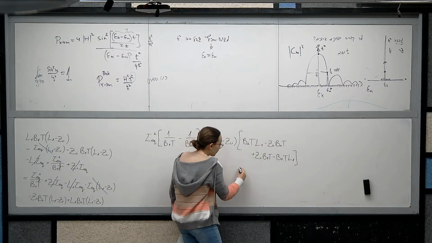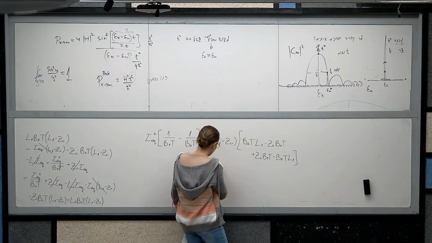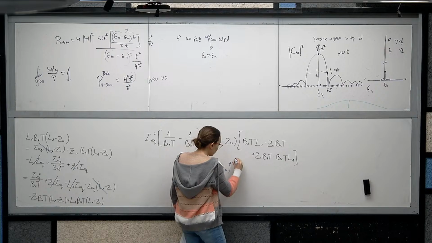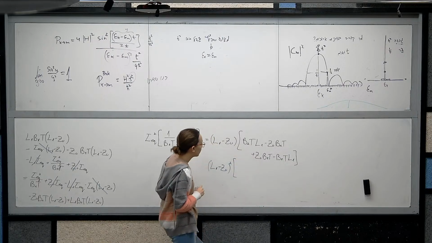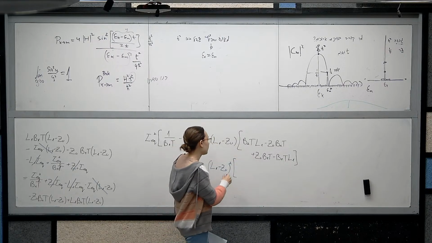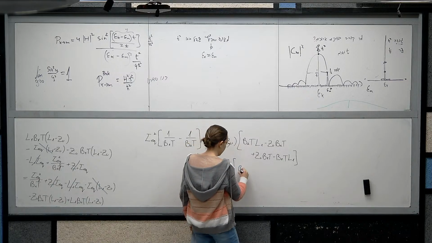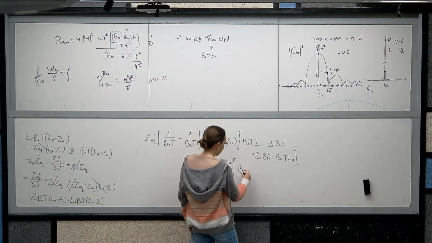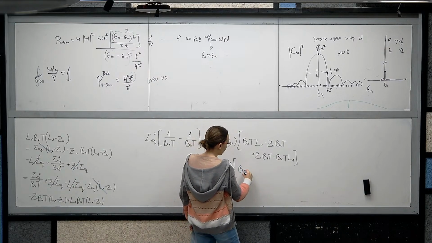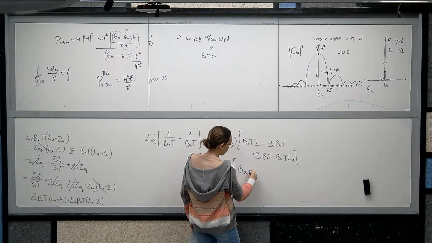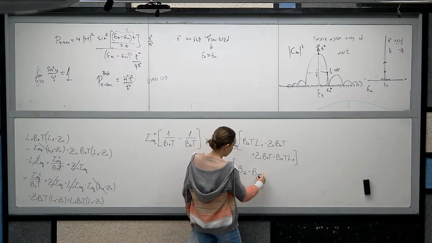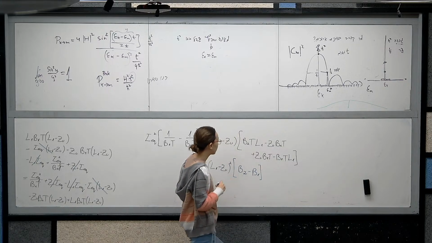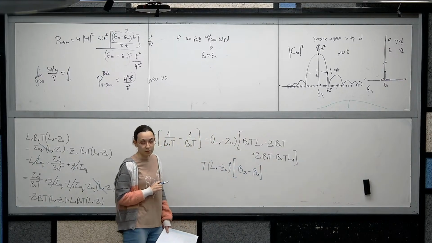So we can write it as L1 minus Z0 squared, and we remain here with, you can also take out the T, right. So we remain here with B2 plus B2 B1 minus B1, right? Minus. Okay?